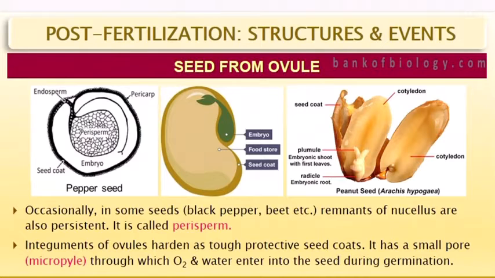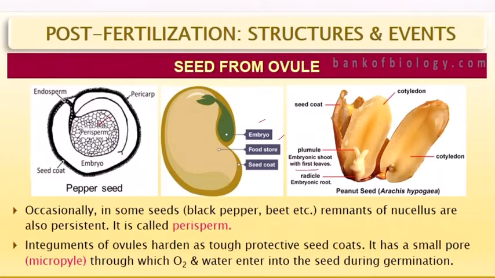Occasionally in some seeds like black pepper and beet, remnants of nucellus are also present. It is called perisperm. So if the nucellus, which is a nutritive tissue, remember, is also present in the form of perisperm, that perisperm is nothing but the remains of nucellus. Here also you can see the embryo getting developed, a large amount of food storage, and then the seed coat.